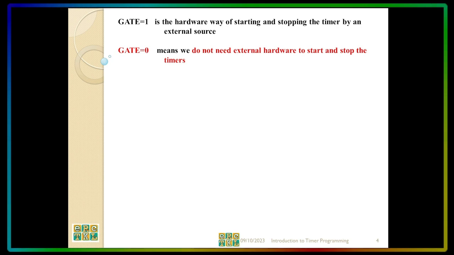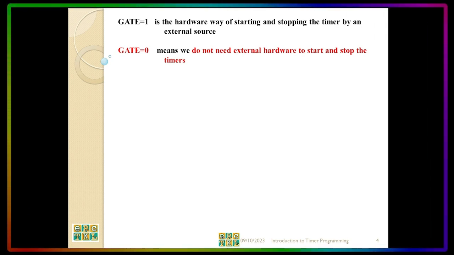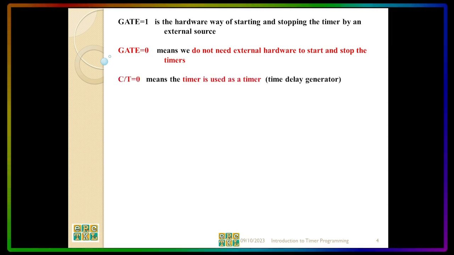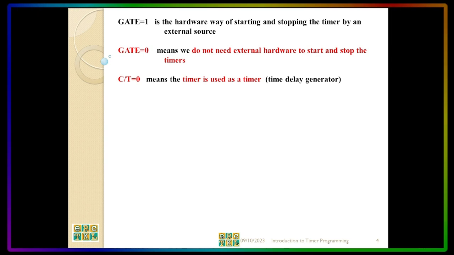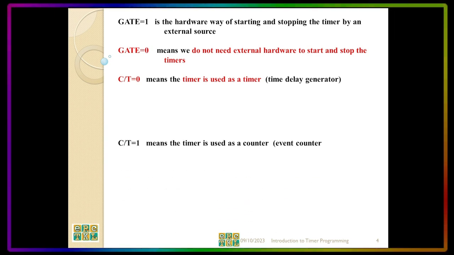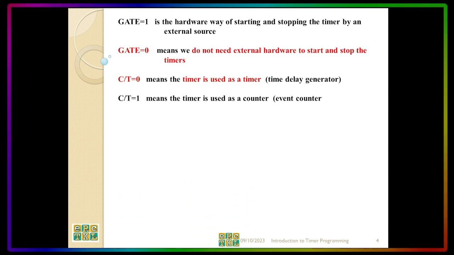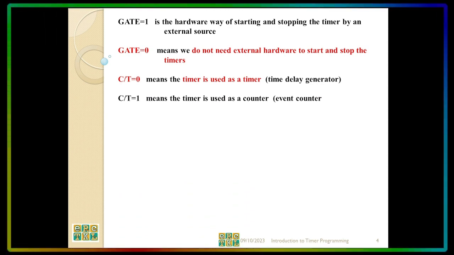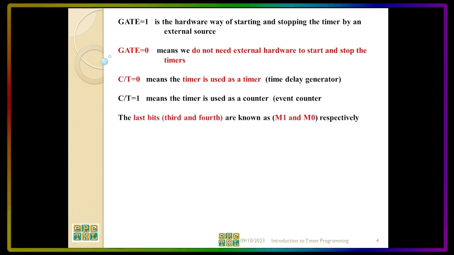Instead, in our program, we can simply write the code to start or stop the timer. And that's what we will do in the example later on. Now, C or T equals 0 means the timer will be used as a timer or time delay generator. But when C or T equals 1, it means that the timer will be used as a counter or event counter.